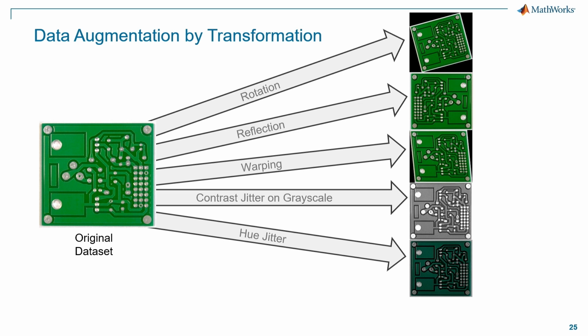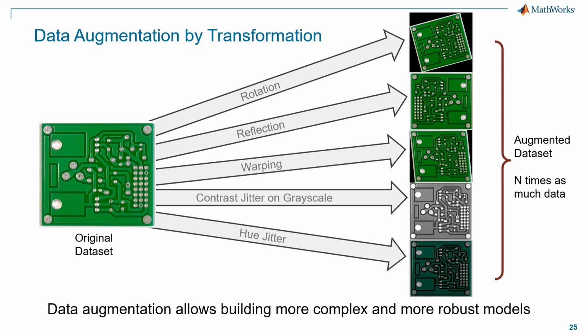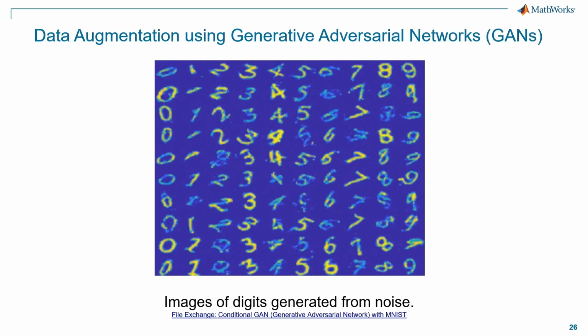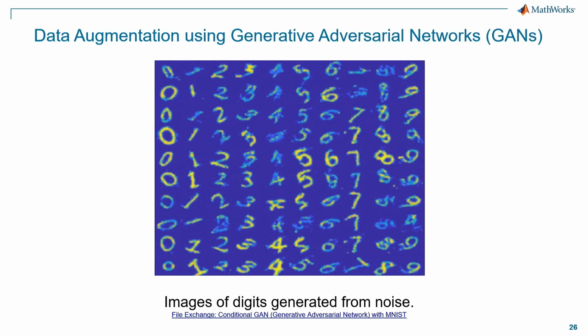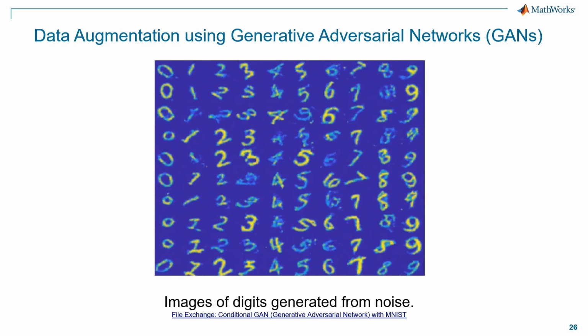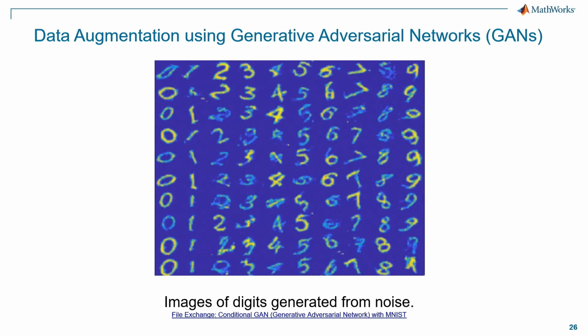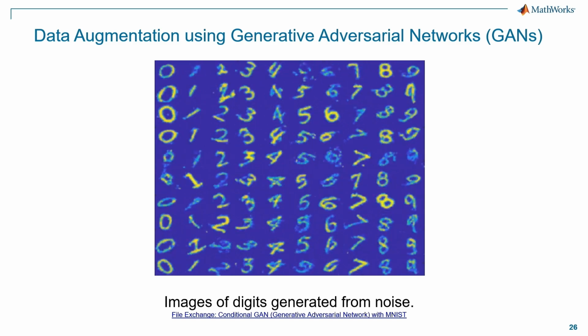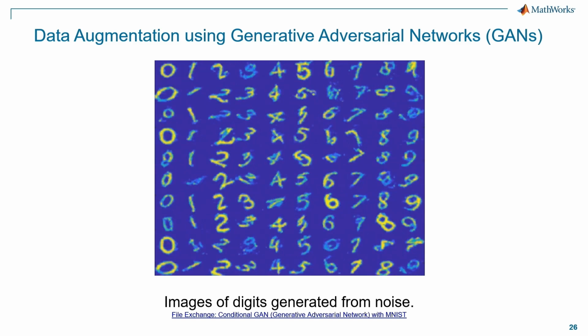This is basically using deep learning augmentation to create more data for your training. There's another useful approach to create data, which is using GANs, called generative adversarial networks. These networks can create synthetic images from noise.